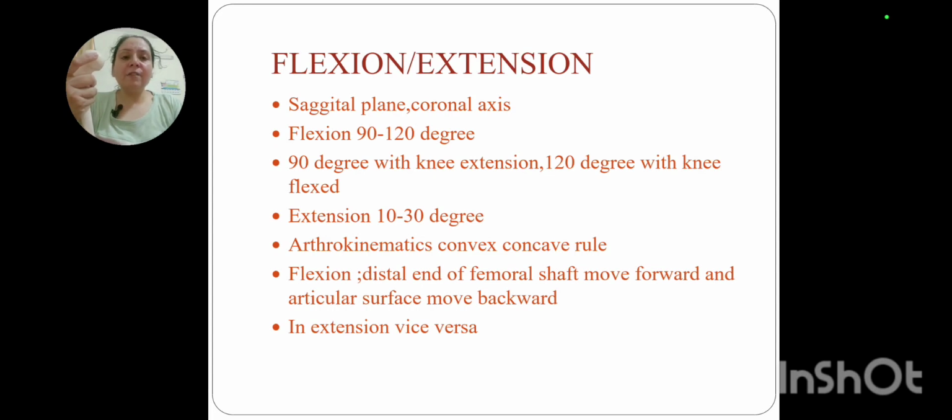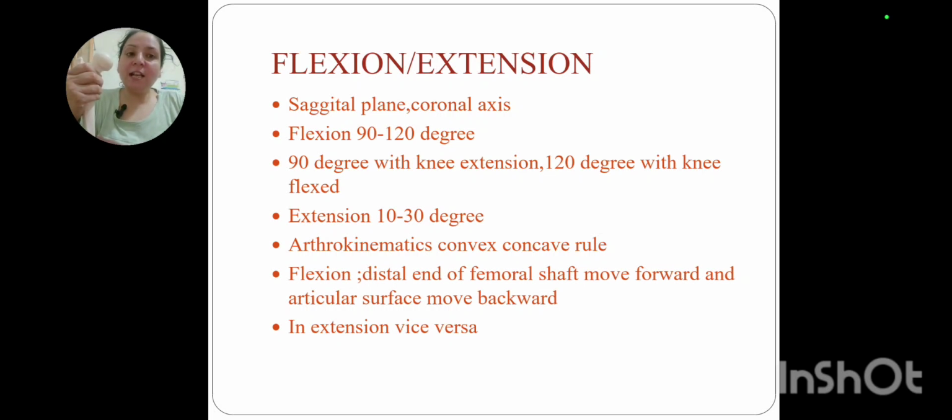It is a sagittal plane, coronal axis movement, flexion 90 to 120 degrees: 90 degrees with knee extension and 120 degrees with knee flexed. Extension is when the leg is moving posteriorly, and here the head is sliding anteriorly, and the convex-concave rule is being followed.